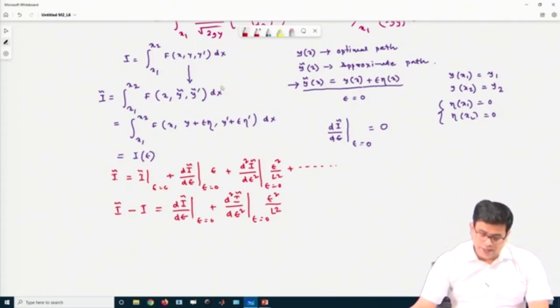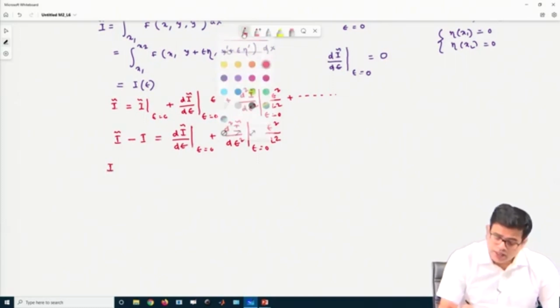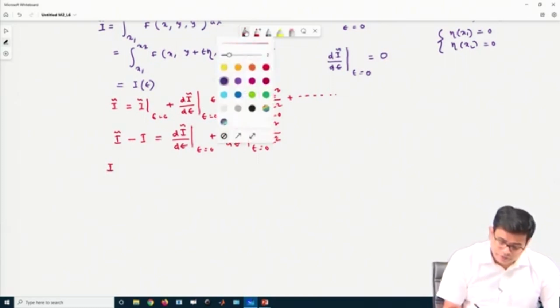Now we will come to that. So how do we do that first? Let us see how we can do that. Suppose this is I tilde. We know I tilde now.